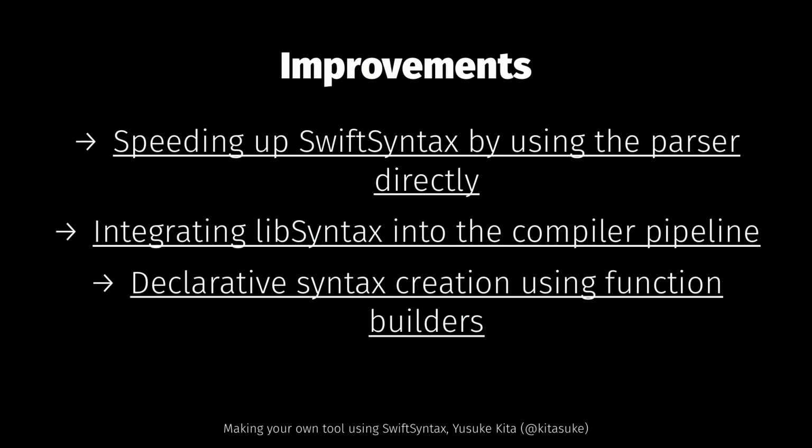So these kinds of improvements are actually happening right now. So oftentimes comparison with SourceKit is not a really good discussion for SwiftSyntax itself, but things are changing a lot. So if SwiftSyntax is still slow for you, it will be changed one year later.